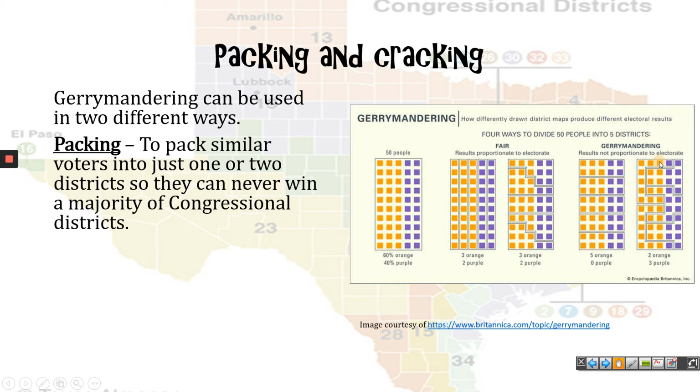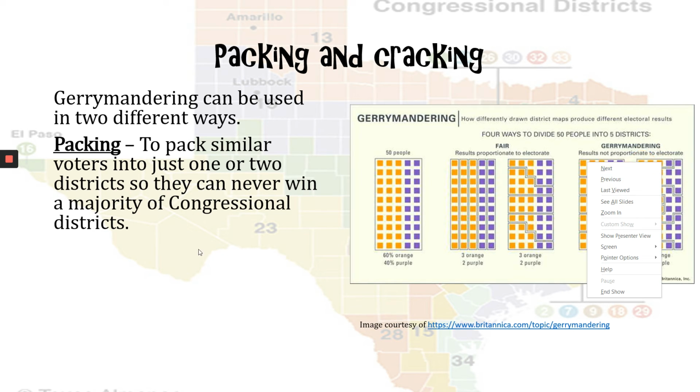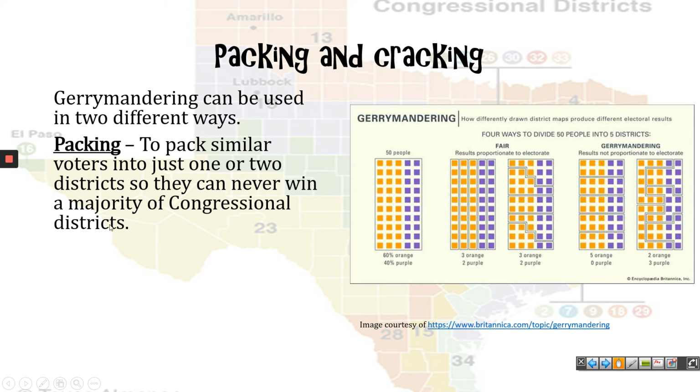Whoever drew this map packed up to 9 orange voters into 1 district, and then packed 9 more into a 2nd district. So those orange voters are absolutely going to win those 2 districts, but they're going to lose the majority of the districts. They're going to lose the other 3.